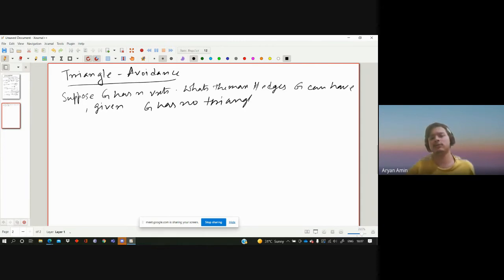Is there a question? No, sorry. Okay, cool. So given G has no triangle, what's the maximum number of edges G can have?